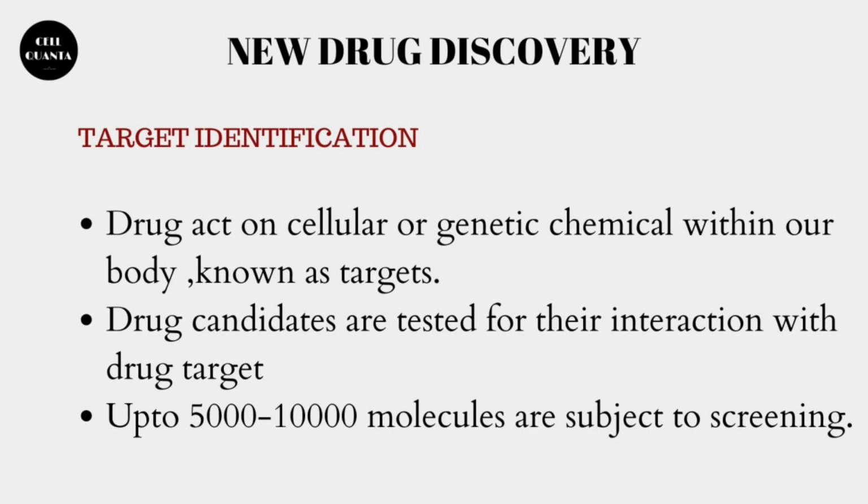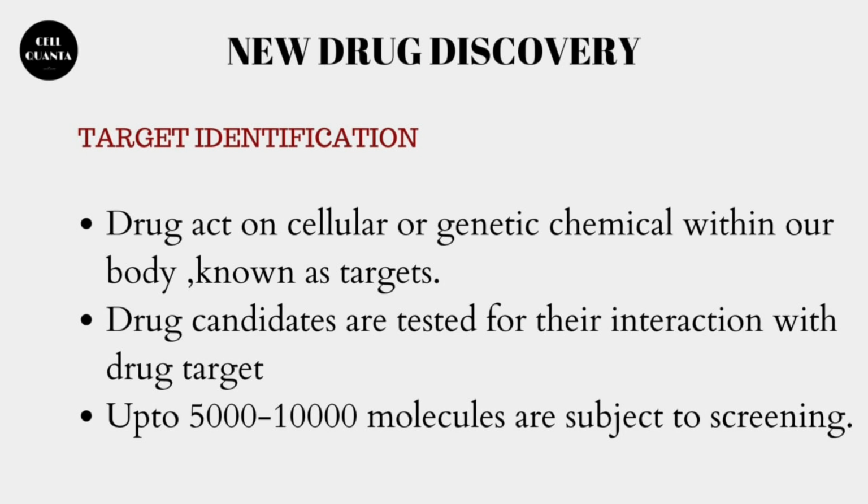Then we are going to discuss new drug discovery. In this, there are several steps. First of all, we have to discuss target identification. Drugs usually act on either cellular or genetic chemicals within our body, known as targets, believed to be associated with the disease.